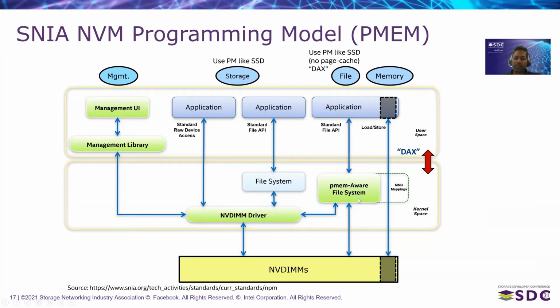So the PMEM-aware file system is a mode where you typically use for Optane PMEM or persistent memory type of media where you don't want to consume the page cache, which is at a premium.